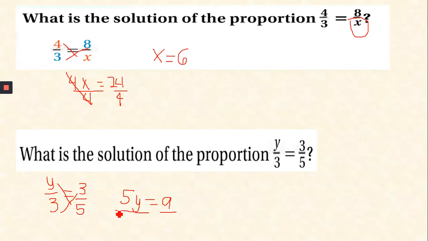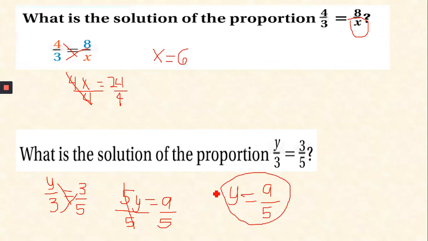Dividing both sides of the equation by the coefficient of y, which is 5, 5 divided by 5 is 1. So you now have y equal to 9 over 5. So the value of y is equal to 9 over 5. You can show your answer as a decimal number also. Is it so simple?